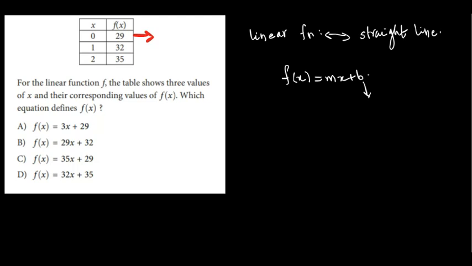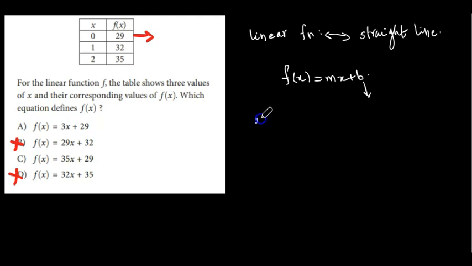Here you can see that only 2 of the options have 29, so you can easily eliminate B and D. Now you have to choose between A and C. Either you can find the slope or you can just plug in a value. It's better to plug in a value and see.